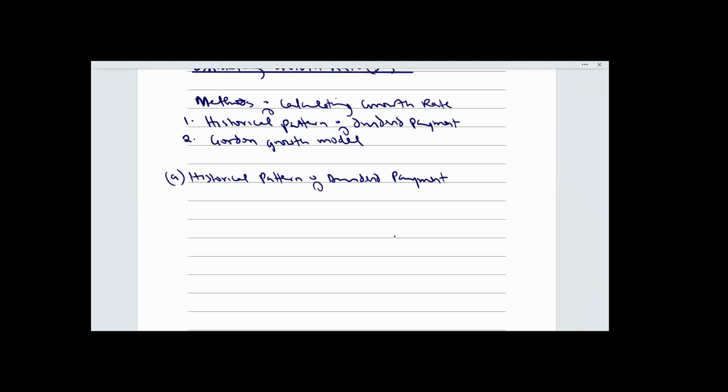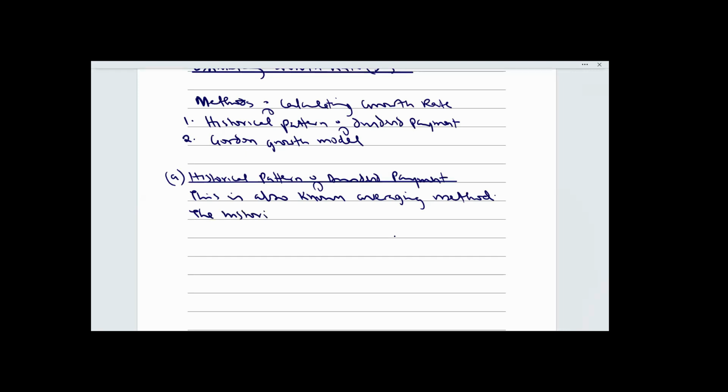When do you use the historical pattern of dividend payments to calculate growth rates? Let me show you. This is also known as the averaging method.